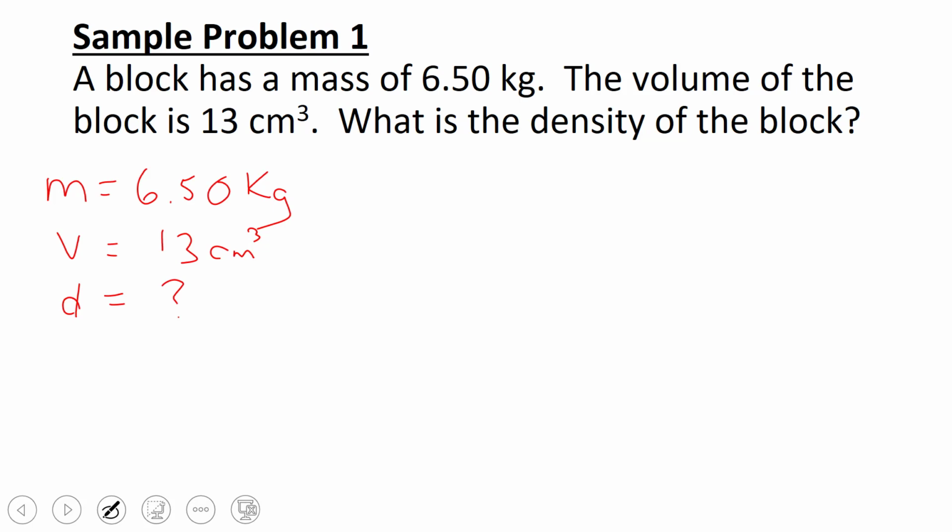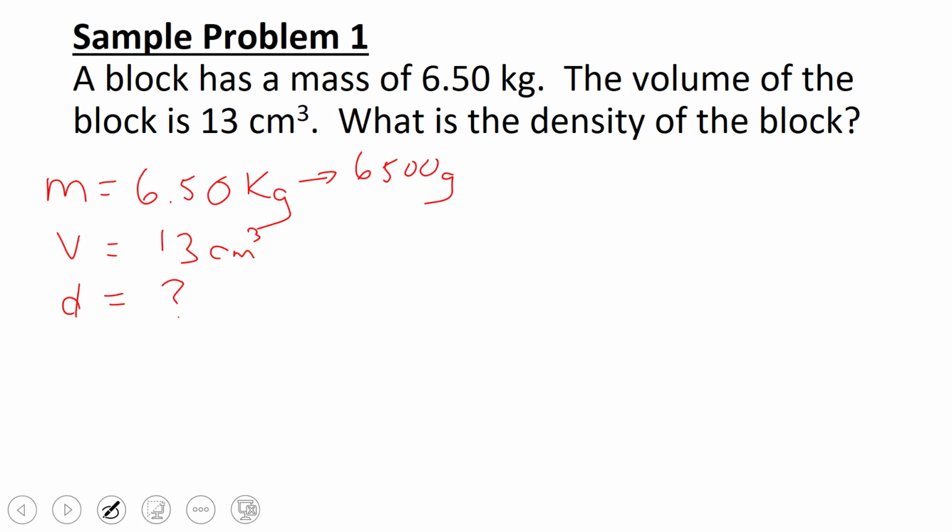One reason why I like coaching to write these down is that then you get a chance to look at A, how many sig figs there are, and B, you also take a moment to look at the units. I'm noticing here that the 6.50 kilograms is not written in the sort of units that I would like it to be in. I want it to be in grams, so I'm going to rewrite this as 6,500 grams instead.